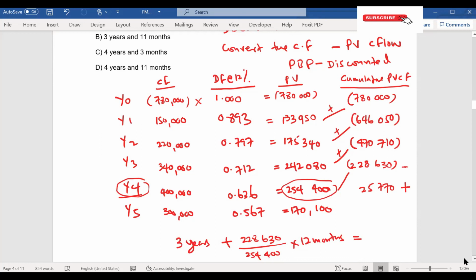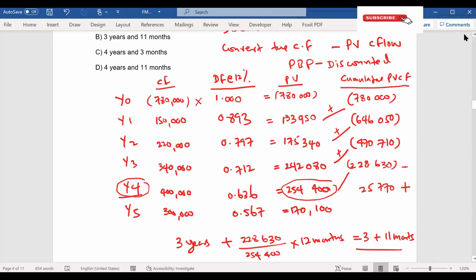That will be 10.78 months. So we will roughly take 3 years plus 11 months. This is the payback period.